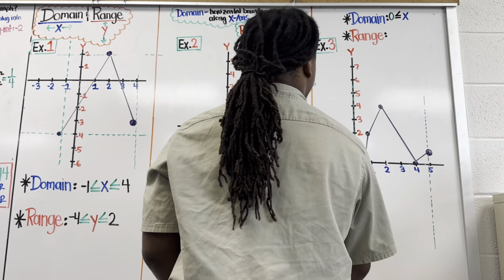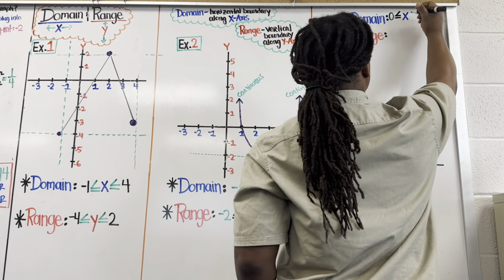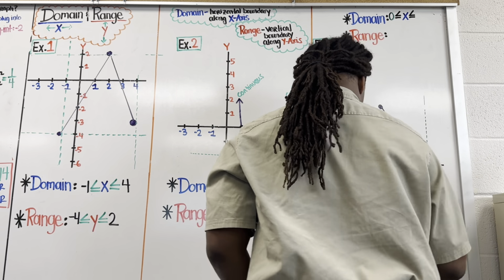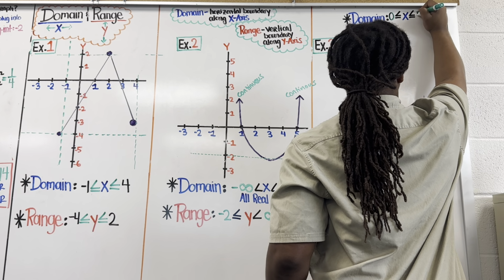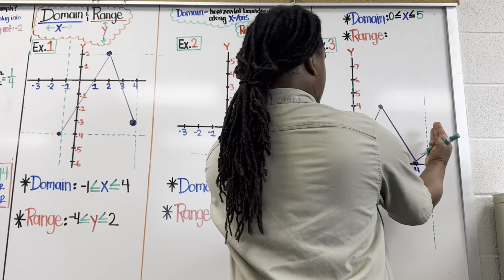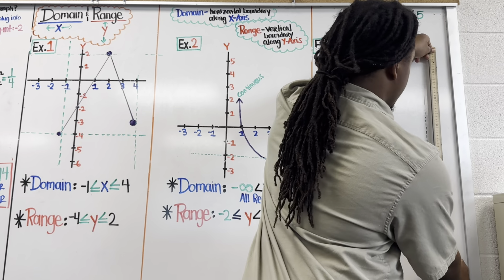That is going to be the domain: 0 is less than or equal to x, and x is less than or equal to positive 5. This is the least that x could be, and this is the greatest that x could be.